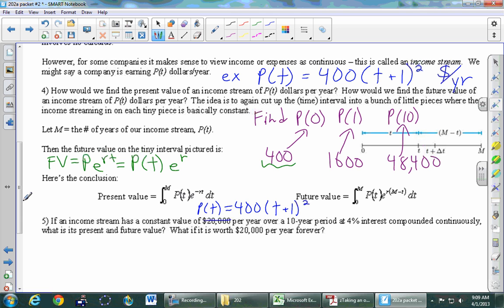So it's a little bit confusing because we've got a T here, but really we know that the number that goes in the PERT formula is how long the money is going to grow. How long is this money going to grow? It's this M minus T. See it? M is the total amount of time that you're going to invest. T is how long it's already been. It's the moment in the present, it's what we're focusing on. So it has M minus T years to grow. So that goes right up here.